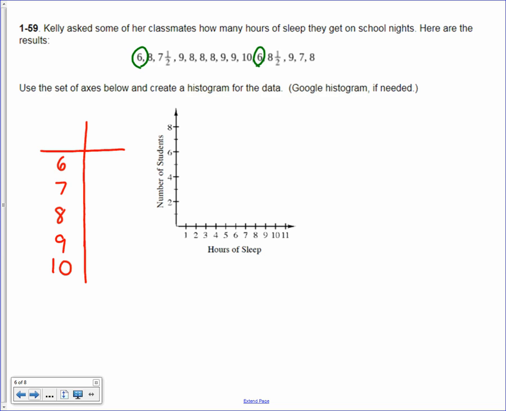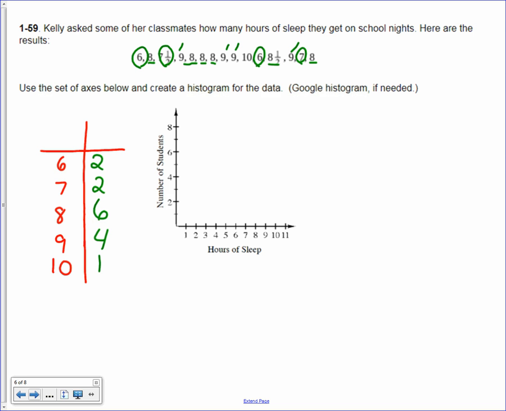In the range of 7, there is 1 7.5 and 1 7, so there's 2. In 8, there's 1, 2, 3, 4, 5, 6 either 8s or 8.5. 9s, there's 1, 2, 3, 4 9s, and then there's 1 10.